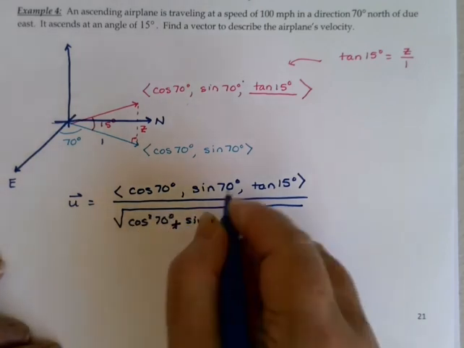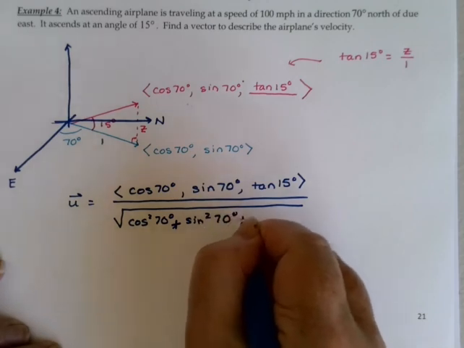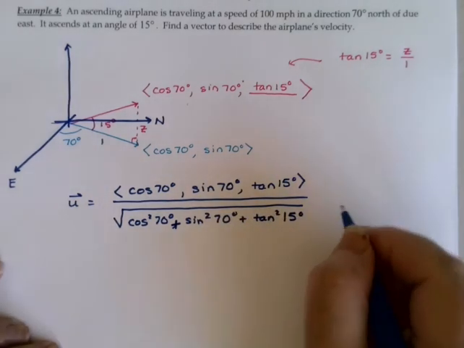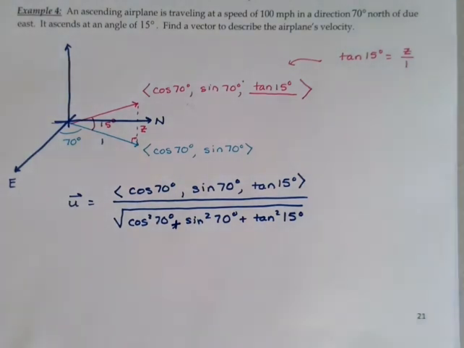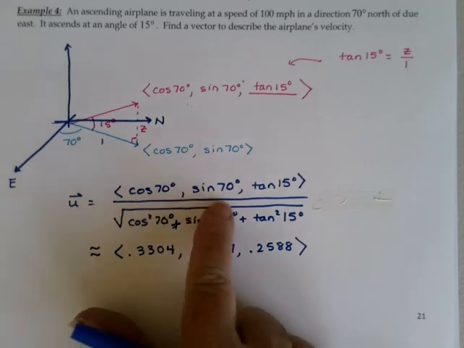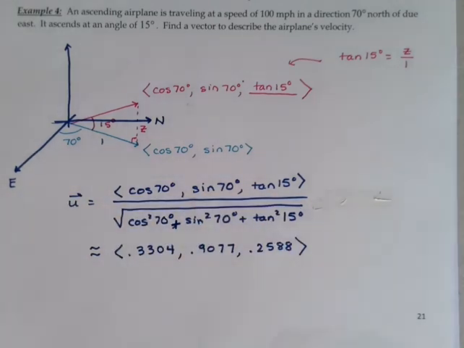And that's just something that you can do on your calculator. And there we go. I just popped off to do the calculations so you didn't have to watch me push buttons there. And so I've got these values, simply dividing each of these by that radical in the denominator.